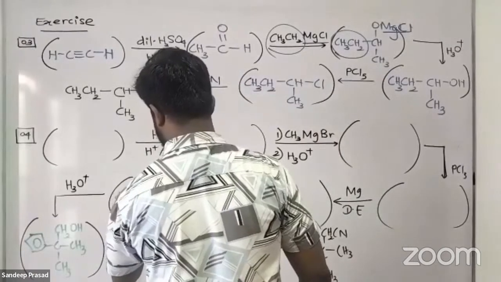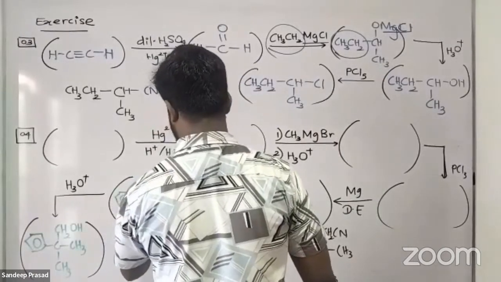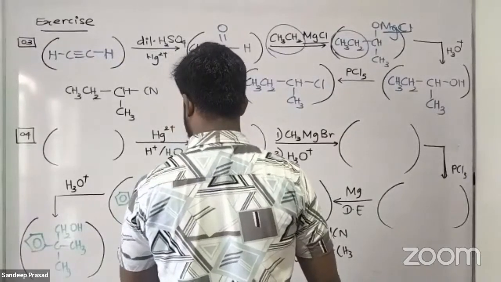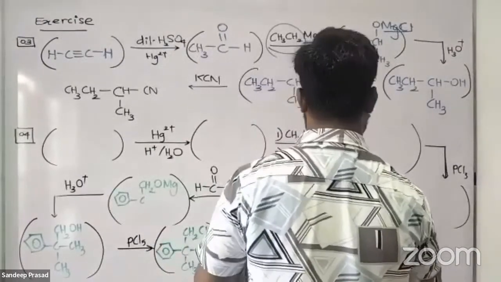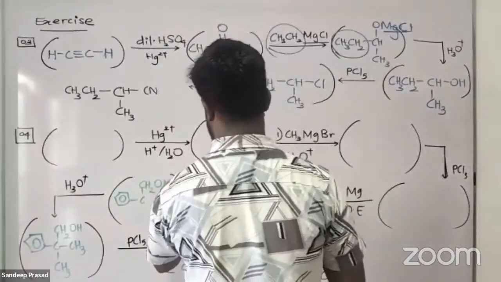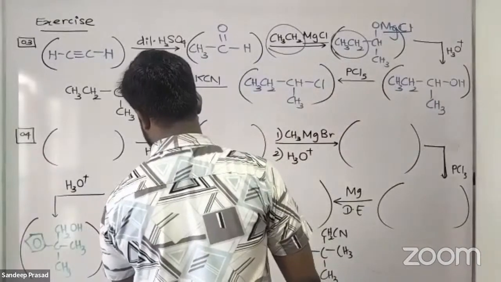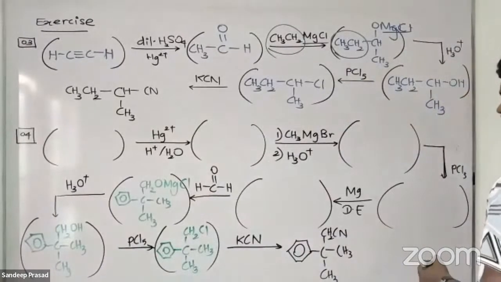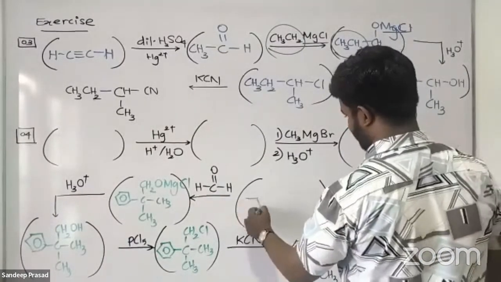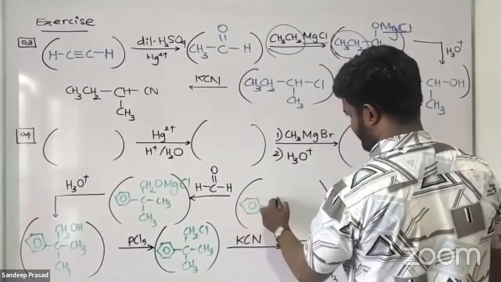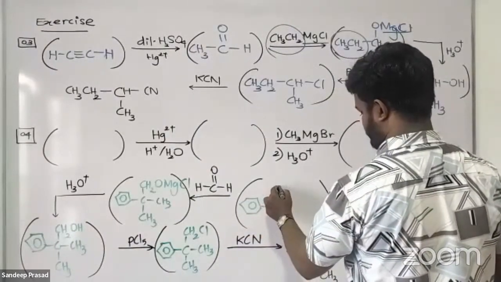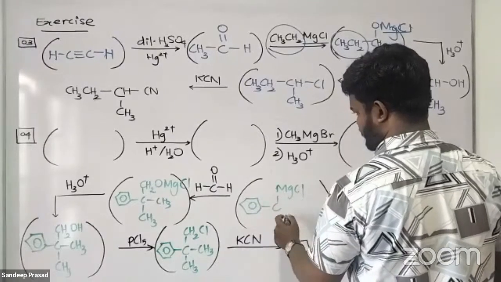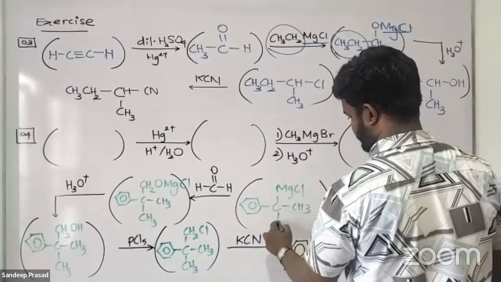Here we have a benzene ring, CH2OMgBr, OMgCl. Two alkyl groups are there. And the previous one, of course, a Grignard reagent, MgCl, CH3CH2.